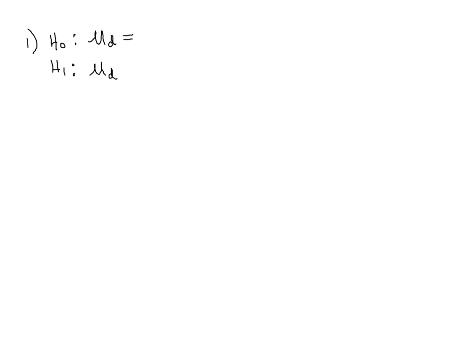The null hypothesis always has equality, and for this section, we're always comparing to 0, because either our differences were greater than 0, equal to 0, or less than 0. Now the claim, I believe from the previous page, said that the mean difference was greater than 0, because the claim was that this program helps participants lose weight.